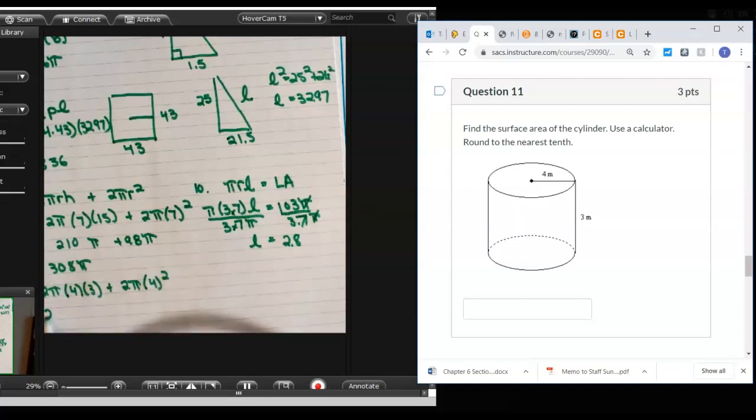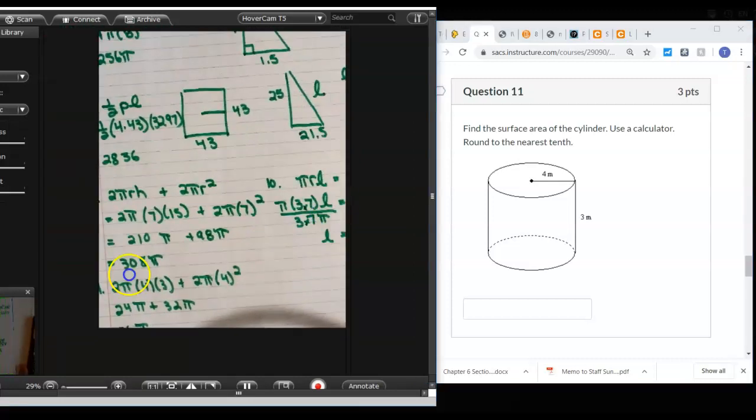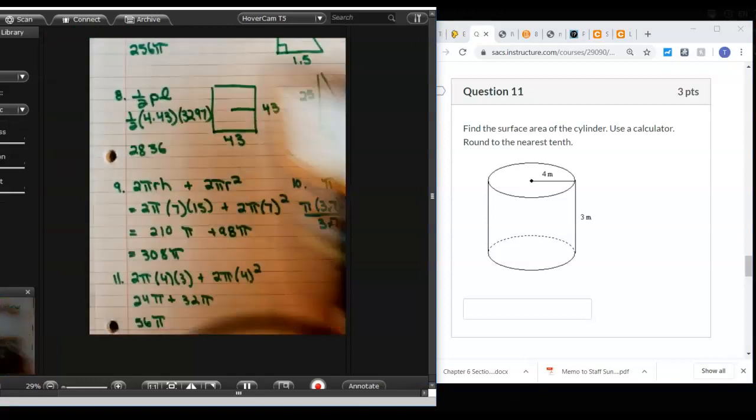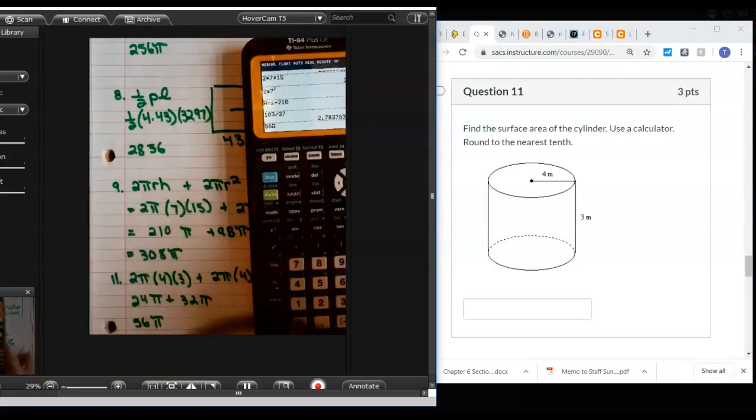So we've got 24 pi plus 32 pi, and finally we end up with 56 pi, but I believe this one says take it to a decimal. Oops, and I'm off the screen. Sorry about that. So let's type in 56 pi, and we get 175.9.